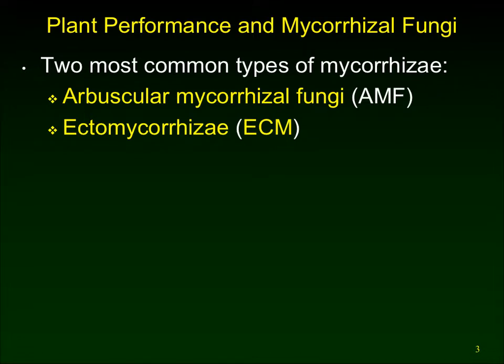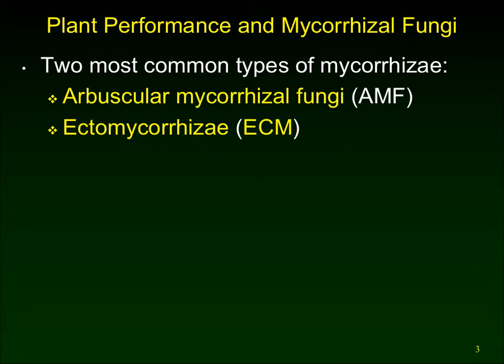Plant performance is kind of interesting in association with mycorrhizal fungi, and this has only been discovered recently. There's several types of these. There's an arbuscular mycorrhizal fungi, which produces arbuscules, which is a site of exchange between plants and the fungi.